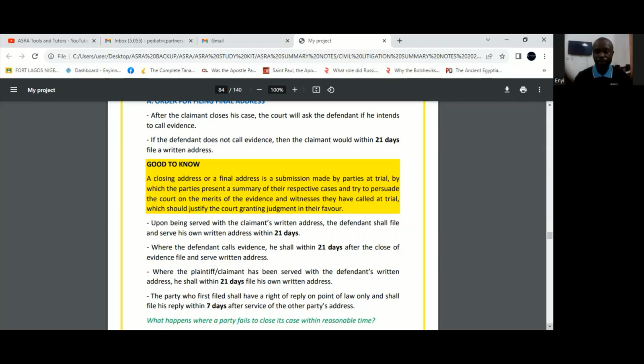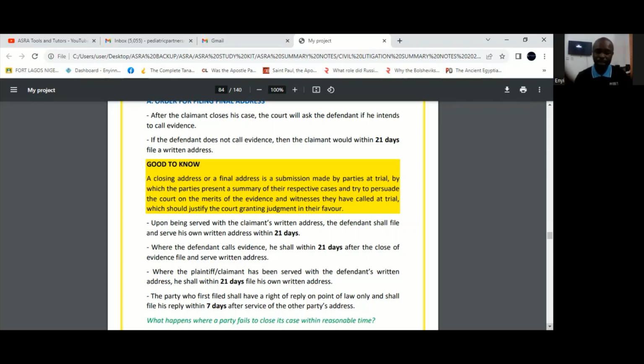And then within 21 days of being served with the defendant's final address, the claimant files the claimant's final address. And then within 7 days of being served with the claimant's final address, the defendant would have a right of reply on points of law only.